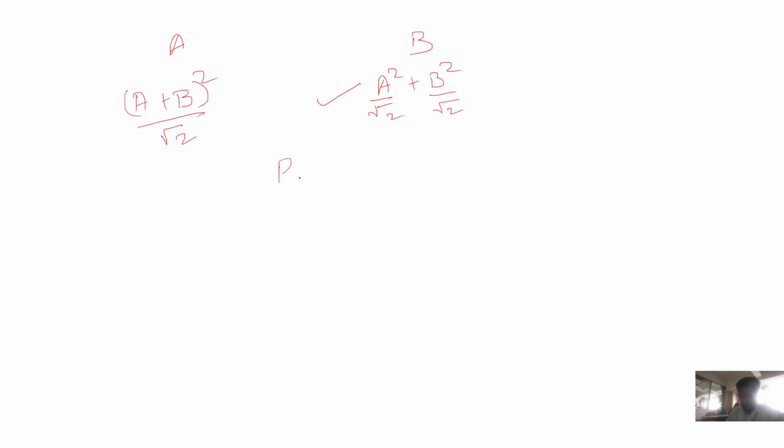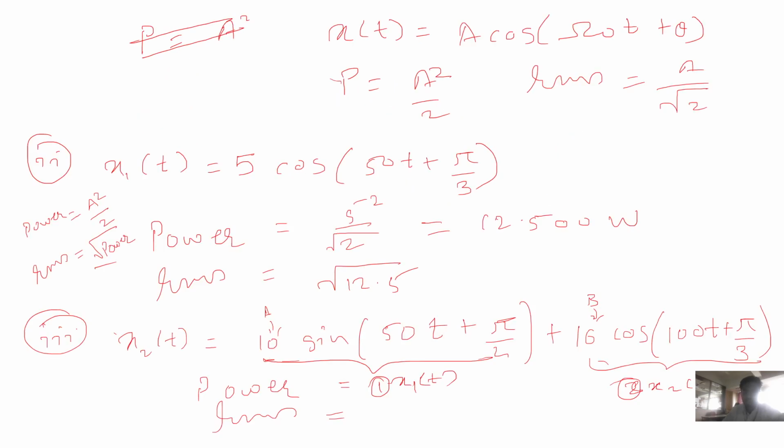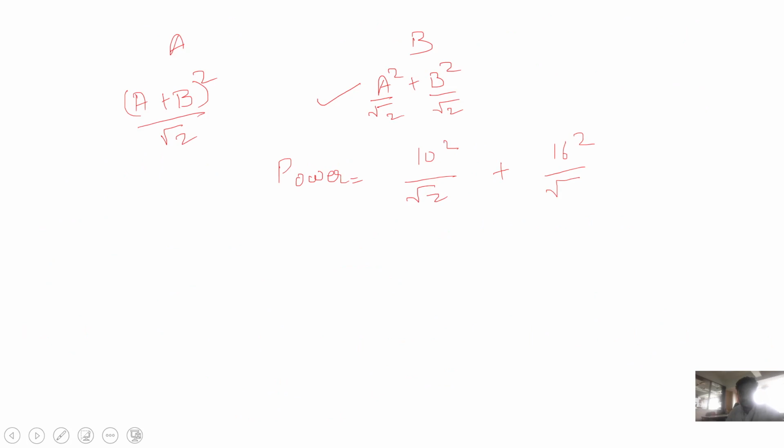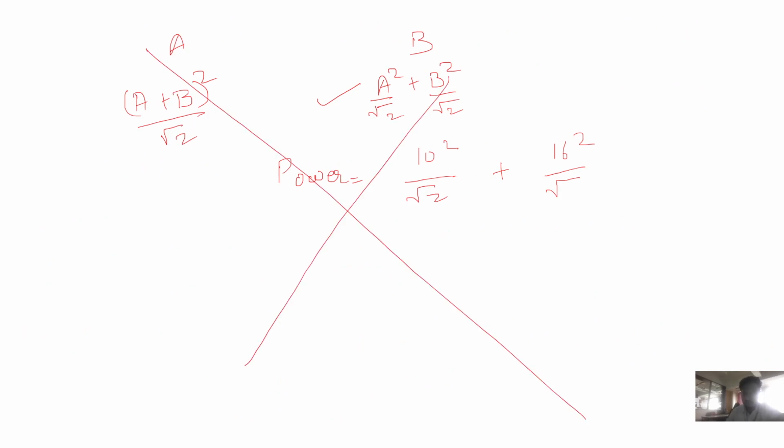Yes, sir. And therefore, power is going to be equal to 10 square by root 2 plus 16 square by... it's not root 2, it is 5 square by 2. Okay, so that is wrong over here, let me cross this.